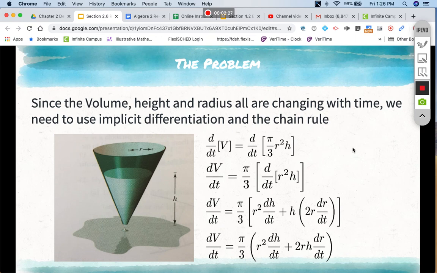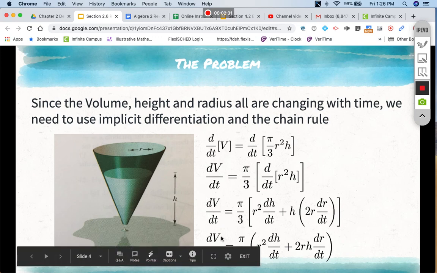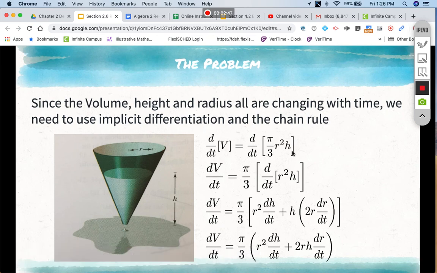Here is our formula. If I want to know how the volume is changing with respect to time, it depends on the rate of the height and the rate of the radius. And the problem is these are not constants in this problem, because with water draining out of the cone, as it gets lower, they're both going to be changing at different rates.